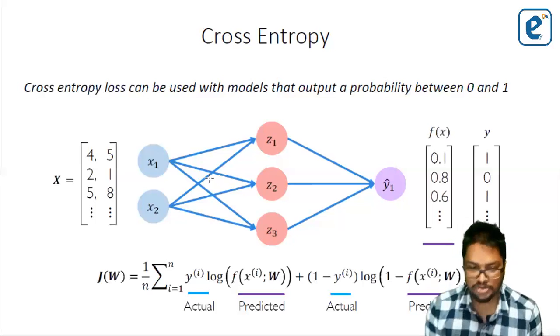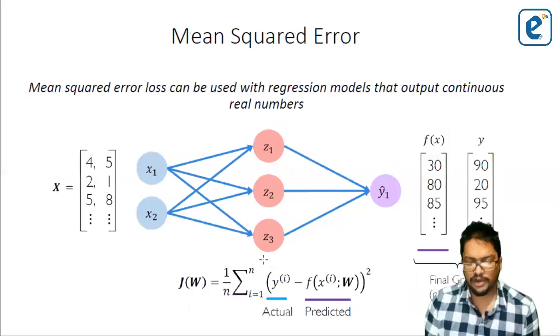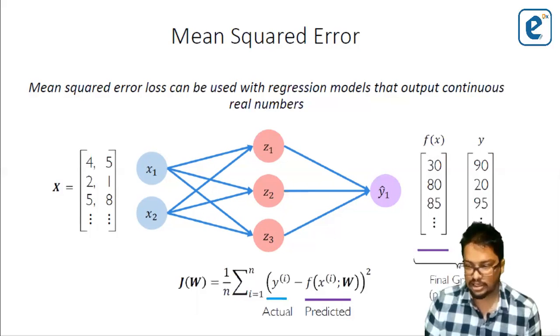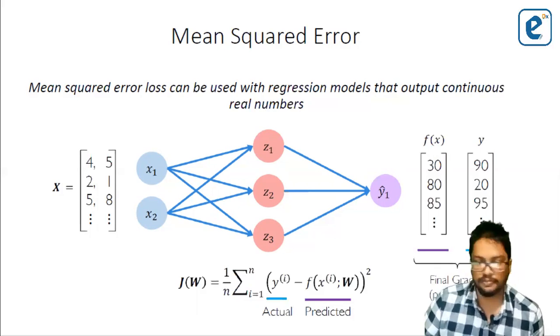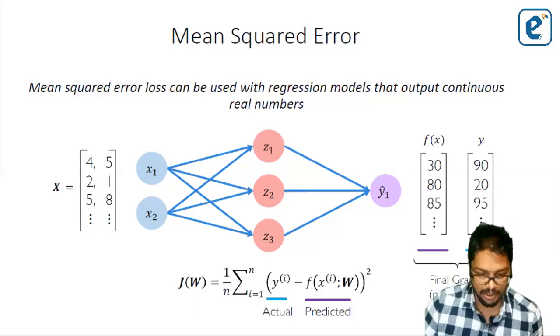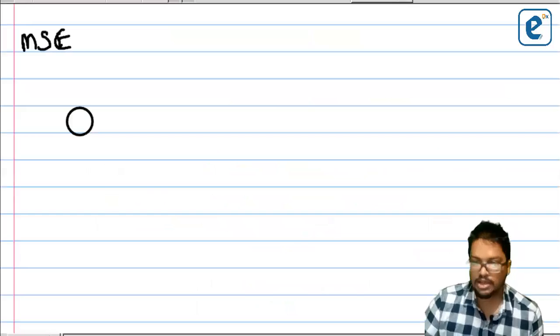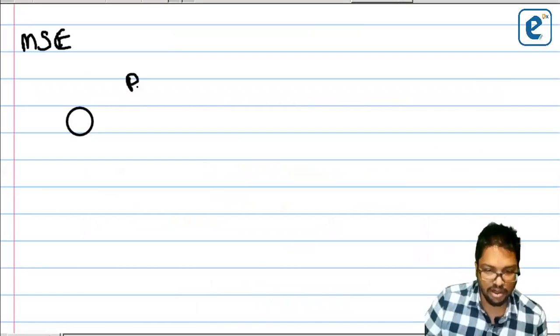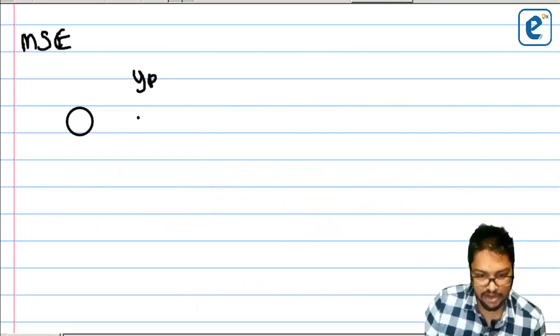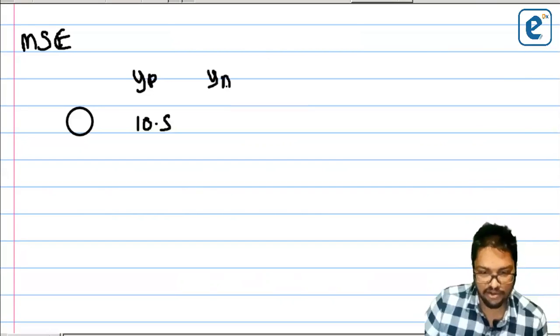Right. So let me simply explain what mean squared error is. This is the MSE. Let's say this is the output layer, and your predicted value yp is 10.5 and y actual is 5.